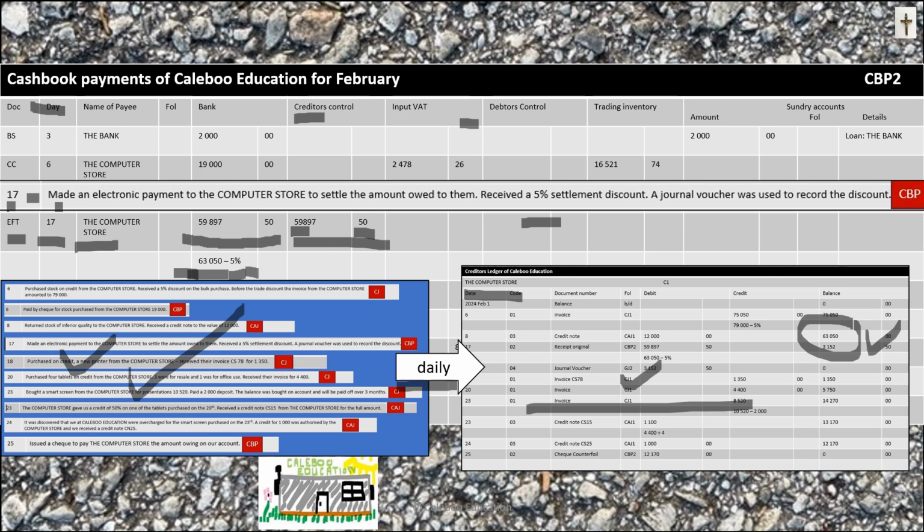So if you make a payment to a creditor, you need to find the balance owing to the creditor, either in the creditor's ledger, or, if you're not supplied with that information, search for all the transactions that relate to the creditor and keep a running total, so you know how much is going to be paid. I hope that makes sense, and we're ready to move on to the next transaction.